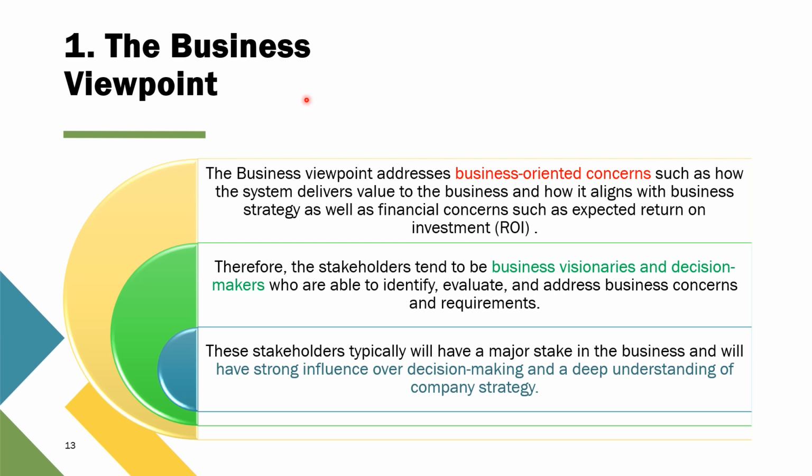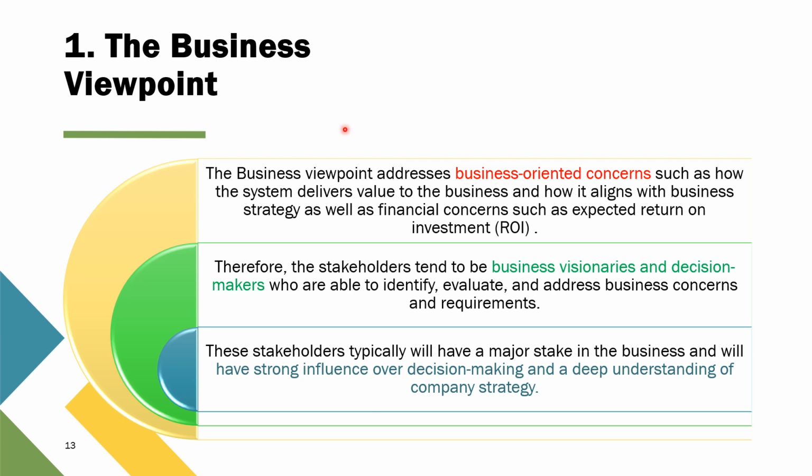For example, how the system delivers value to the business, and how it will align with the business strategy. So usually we're concerned with the financial issue, and how we expect a return on investment from this system.